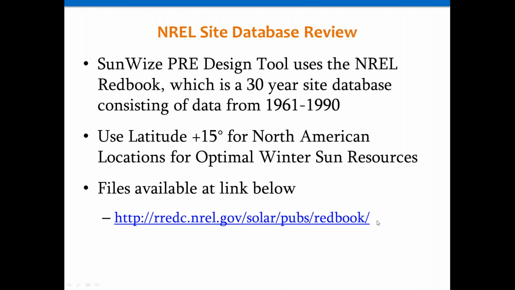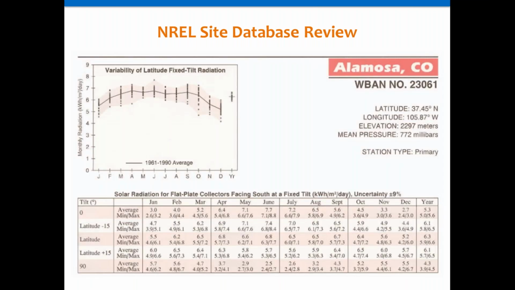If you would like to download or review the full files for this site database, it's available at the link below, and it is publicly available information. There is a single PDF file that covers the entire United States as well as state-based files.